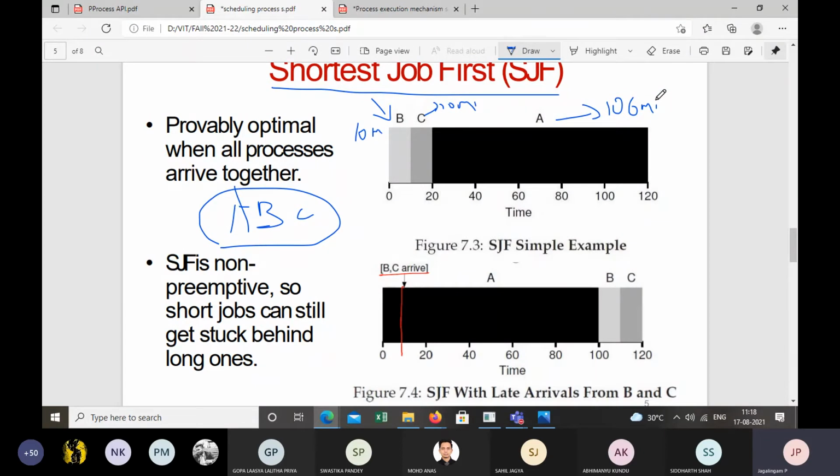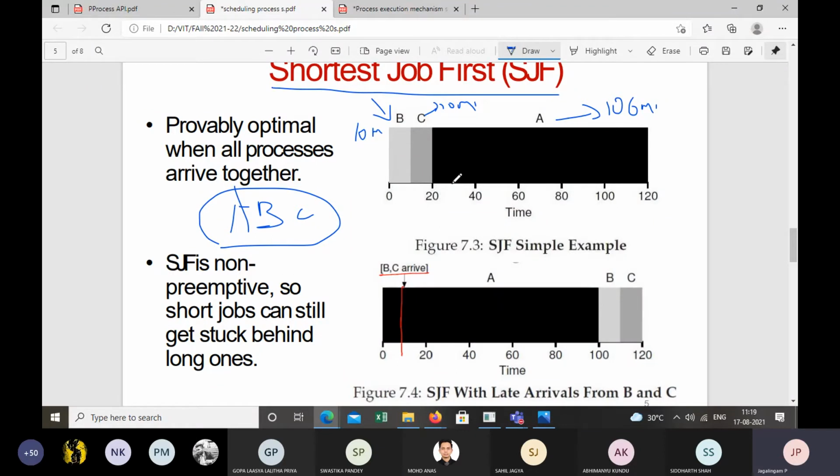When all these processes come to the system at the same time, SJF checks for the shortest time process, and that will be executed first. You understand this? Good. Now, what is the problem with this approach?